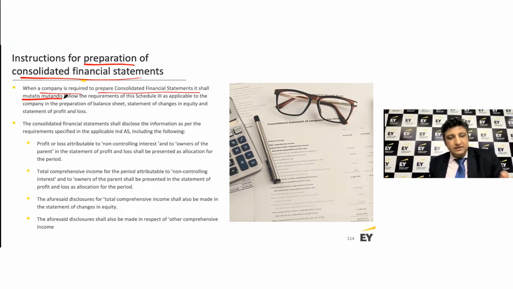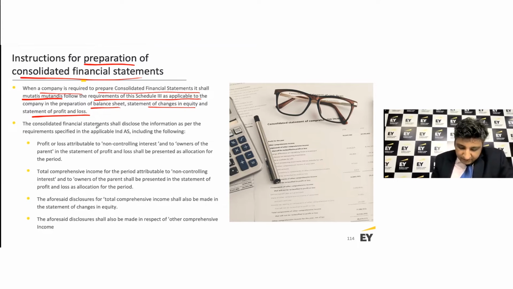It's simply that the moment the requirement changes from a standalone to a group financial statement, the same set of financial statements would be prepared, and the Schedule 3 requirements would also be applicable as far as the preparation of a balance sheet, a statement of changes in equity or a statement of profit or loss is concerned. We go farther, and we talk about, of course, also the disclosures and the statement of cash flows.